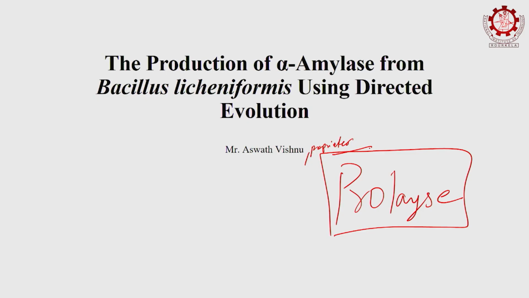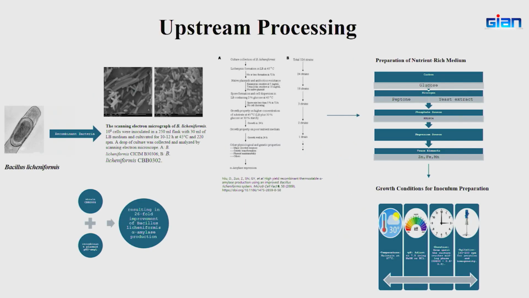Okay, good. Production of alpha amylase from Bacillus licheniformis using directed evolution. Nice, good. So here I have used Bacillus licheniformis. Why? It is a commonly used microorganism for enzyme production, and it is a natural producer of alpha amylase, highly suitable as a host. It exhibits rapid growth under optimal conditions like 37 degrees Celsius and a pH of 7.3, and it can reach high cell density.